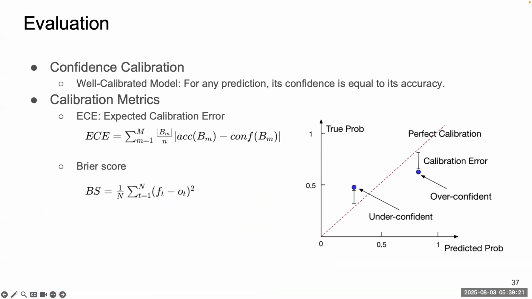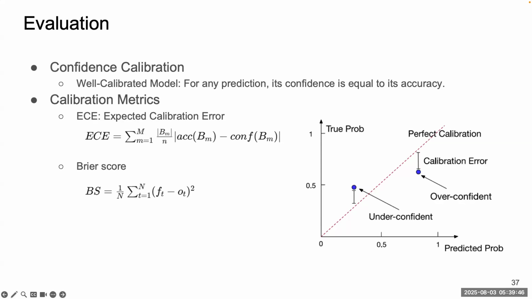There are two widely used calibration metrics. One is the ECE, the expected calibration error, and the other one is the Brier score. The ECE is probably the most popular one used in current language model uncertainty quantification methods.